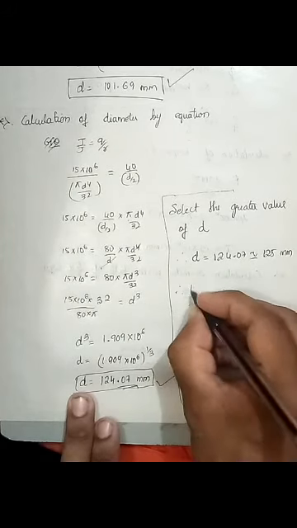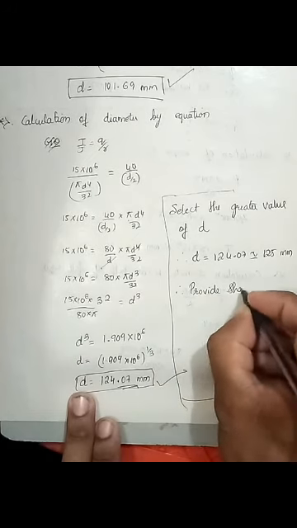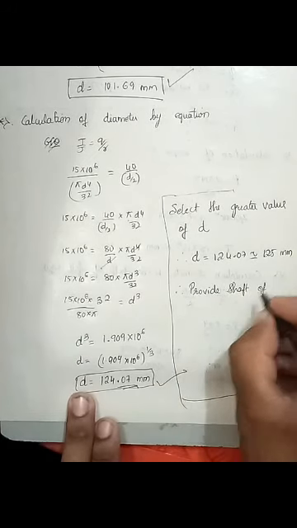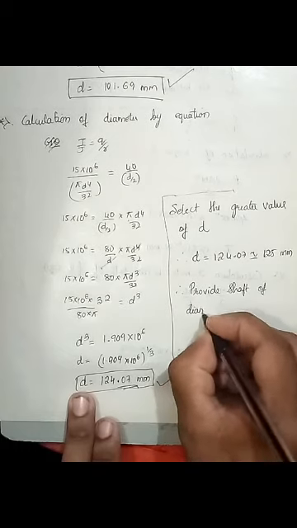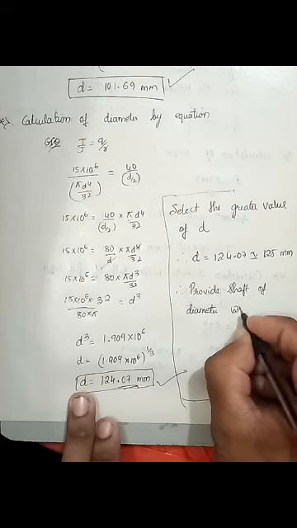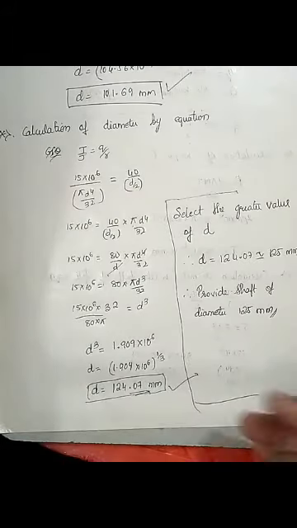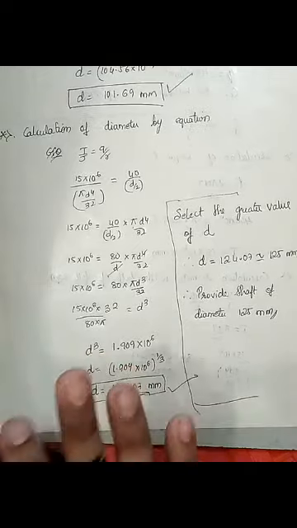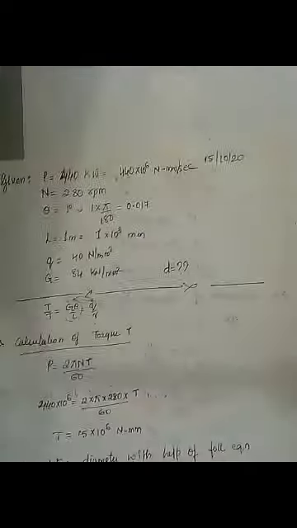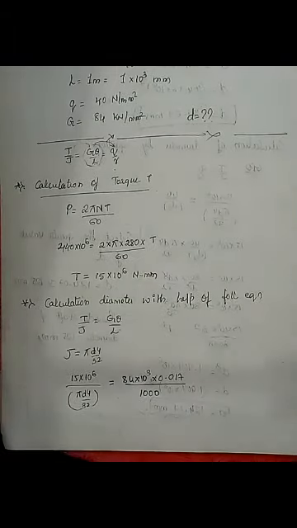So therefore provide a shaft of diameter 125 mm. Okay, so in this way you need to solve if this kind of problem comes. So you can copy down this. Okay, see you in the next class. Thank you.